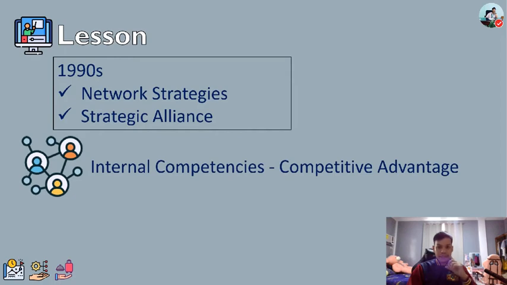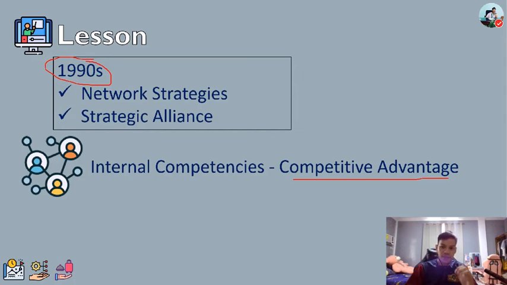So again, it is internal competencies that enable them to sustain competitive advantage. The shift toward internal competencies also saw a shift in perspective toward the knowledge-based view, with learning at the core of strategic competitive advantage in the late 1990s.